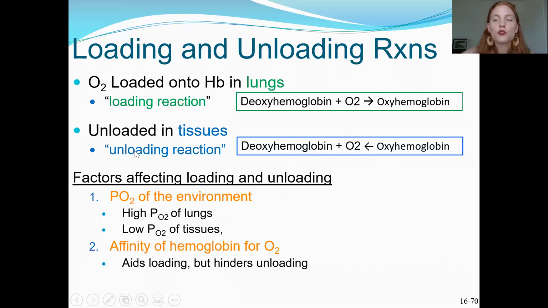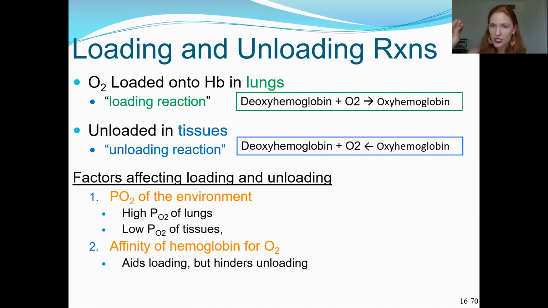Okay, so now we're going to talk about the factors that affect unloading and loading reactions. The biggest thing that's going to affect how much of the oxygen is bound to the hemoglobin is going to be the partial pressure of that oxygen. Remember that the partial pressure in the lungs and the major arteries is going to be high, and the partial pressure of the oxygen in the veins and the tissues is going to be low.